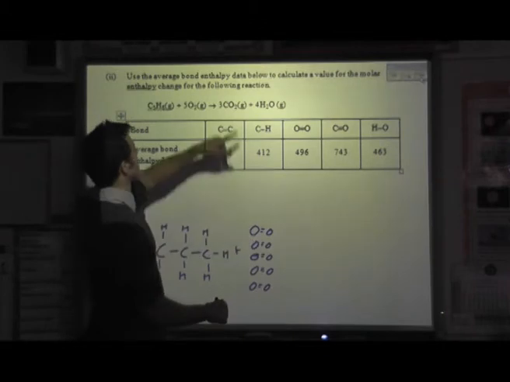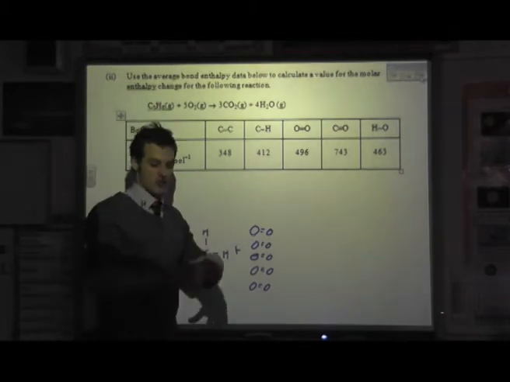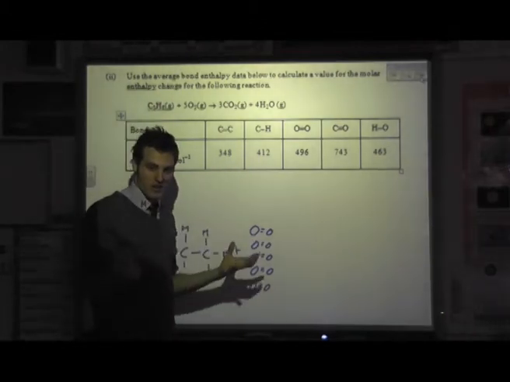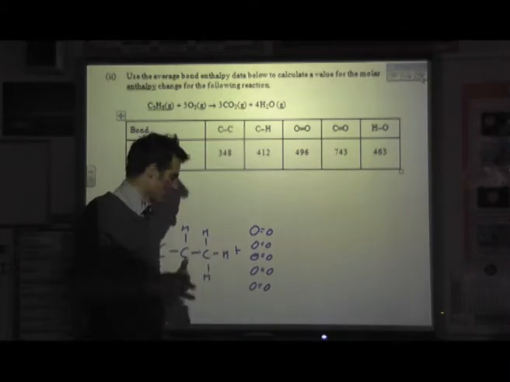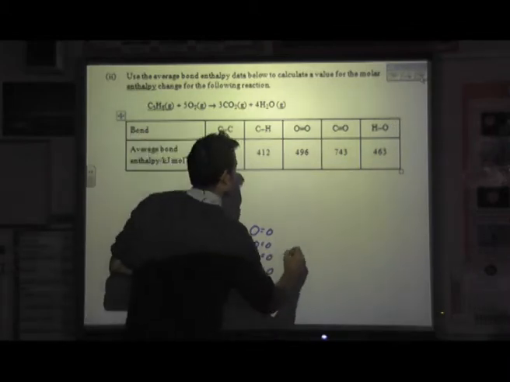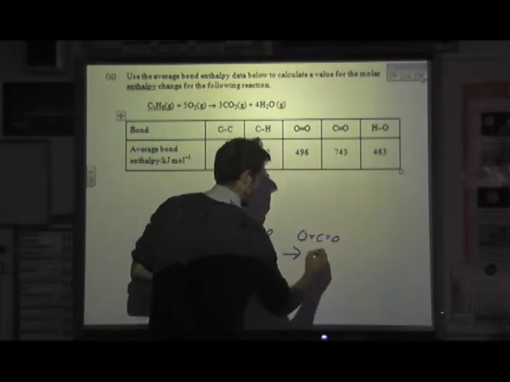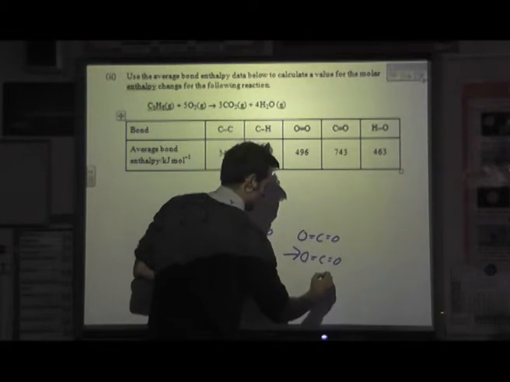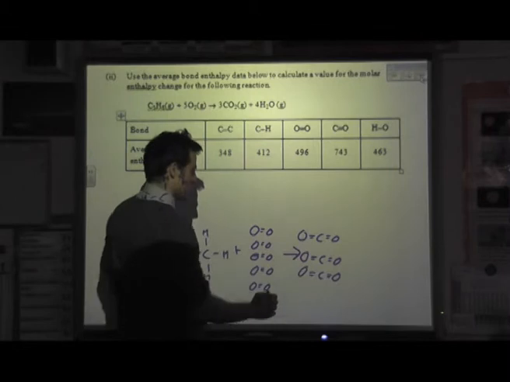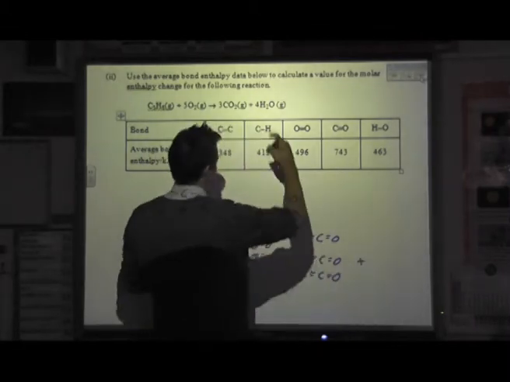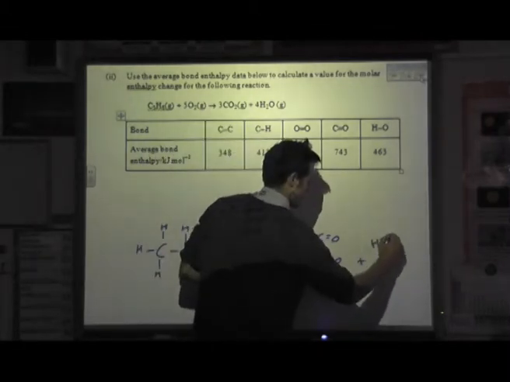O has double bonds, it's in group 6, so it needs another 2 electrons to have a nice 8 electrons, so it makes double bonds. Okay, these are going to 3 CO2, again C, double bond to oxygen, carbon needs 4 bonds around it, oxygen needs 2 bonds to it, so that's why it's CO2 like that, plus 4 H2O.